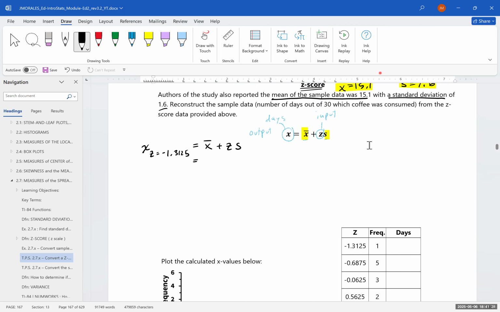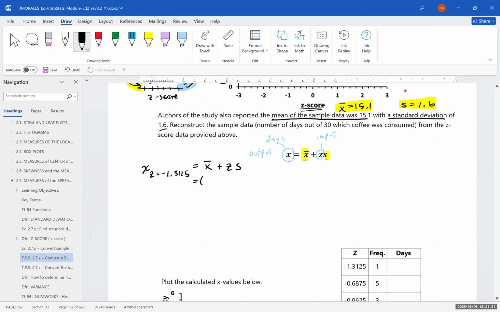X bar is 15.1, our z-score is negative 1.3125, and our standard deviation is 1.6. So all I did was substitute these values into the right-hand side of the expression. Now we just need to simplify this expression.